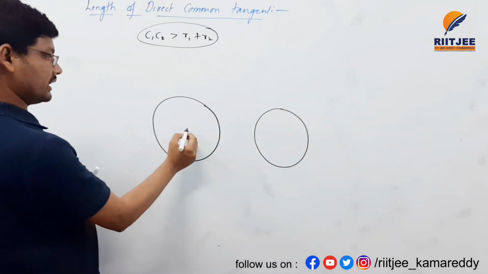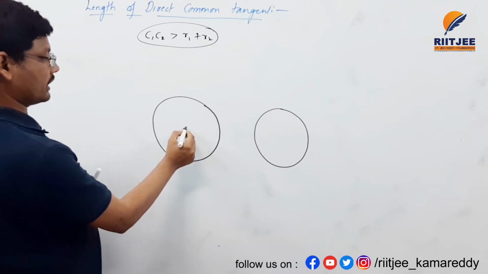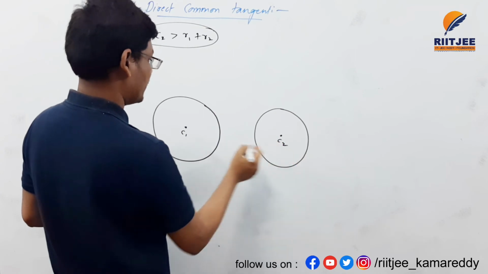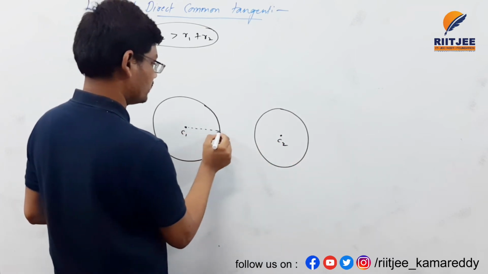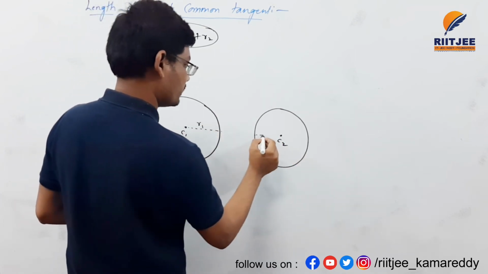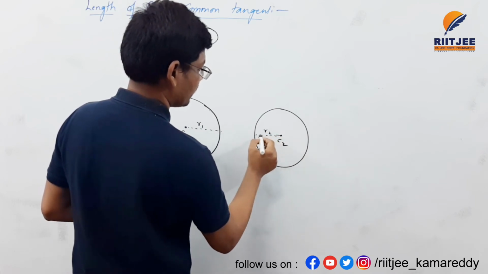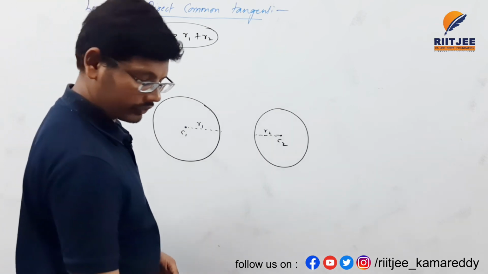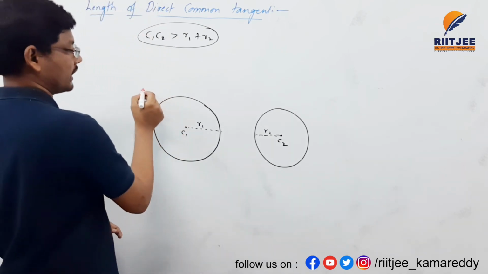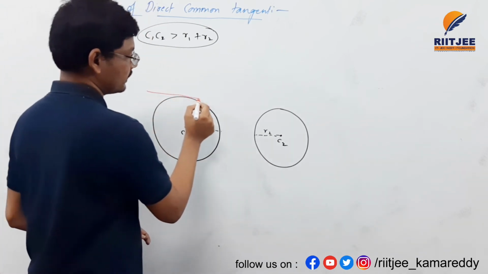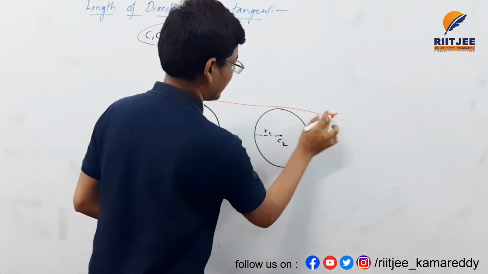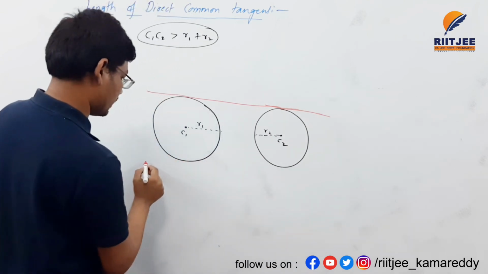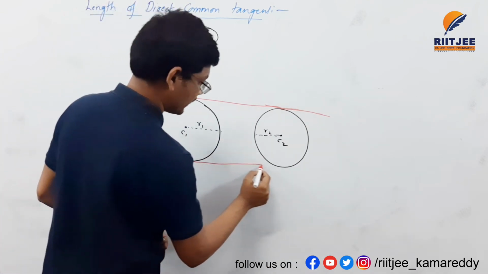This has center C1 and this has center C2, and this is R1 radius, this is R2 radius. When you draw tangents to these two circles, these are direct common tangents, and this is also a direct common tangent.